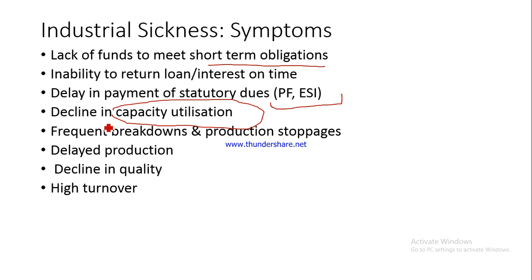So if the firm does not do well, more and more employees move out, and naturally when more employees switch, you will have to compensate for those who have left your company, and so you would be going for more recruitment also. So this could be another symptom, more and more recruitment while the attrition is still going strong. While the attrition levels are high, more and more recruitment is taking place to compensate for those who are leaving the organization. So this could be another symptom of impending crisis.